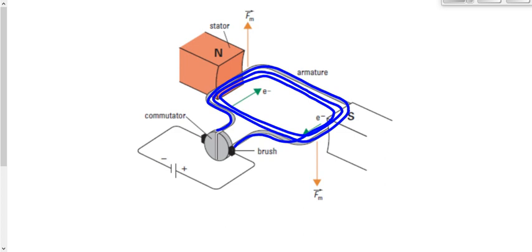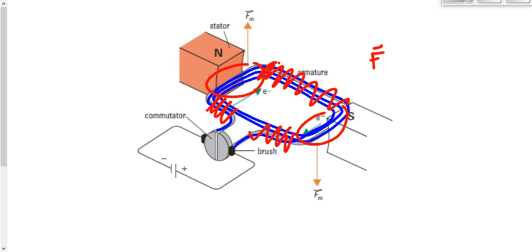Now remember, this part doesn't matter because that part's parallel, right? But now I have 3 loops of wire, so I end up having 3 times the length, which, if you look at your equation, ends up meaning that we have 3 times the magnetic force. So it's going to spin faster, right? Make sense? All right.